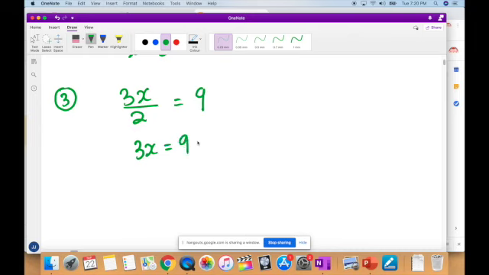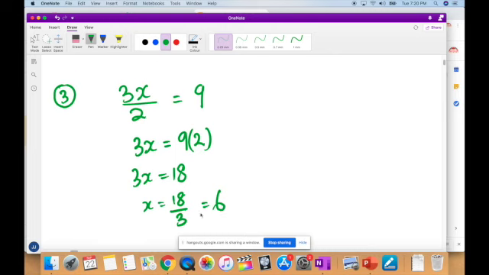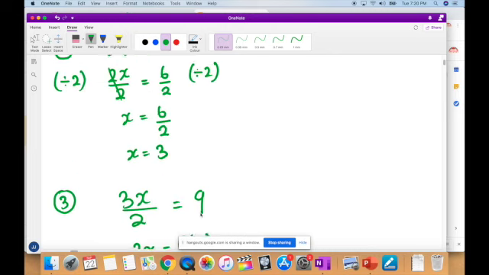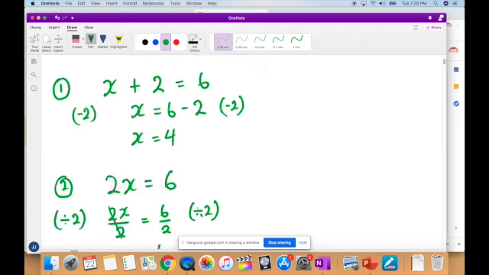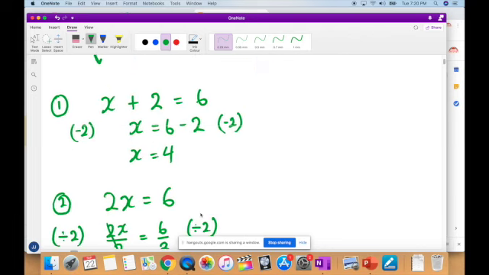It'll give me 9 multiplied by 2, so 3x is equal to 18. And then what? Divide by 3. So x is equal to 18 divided by 3, which is 6.